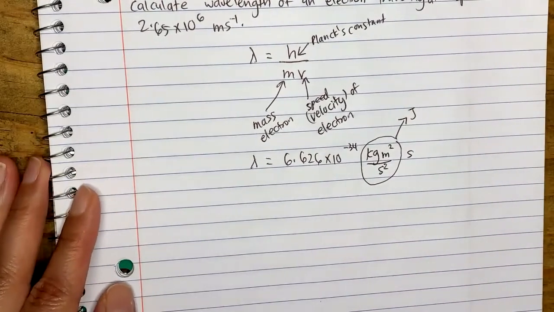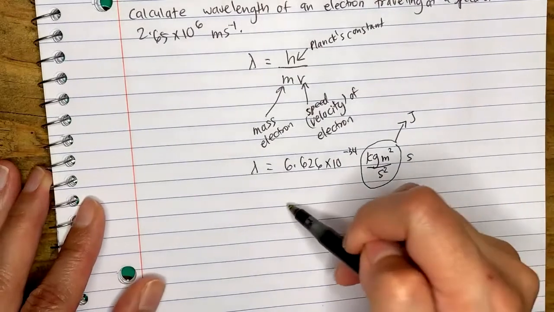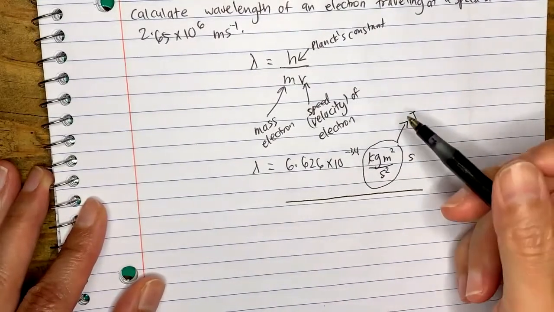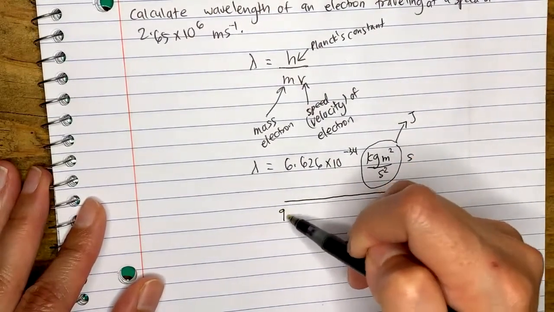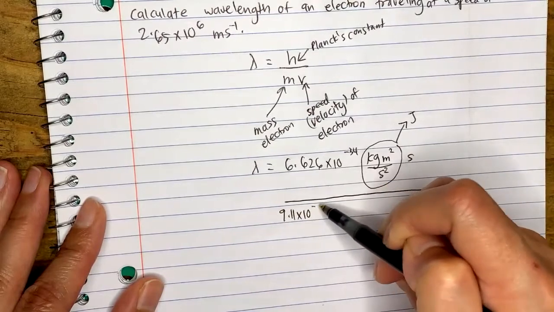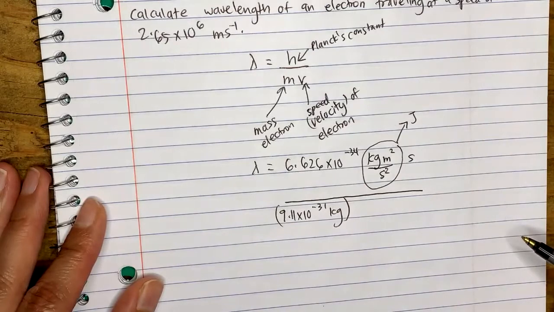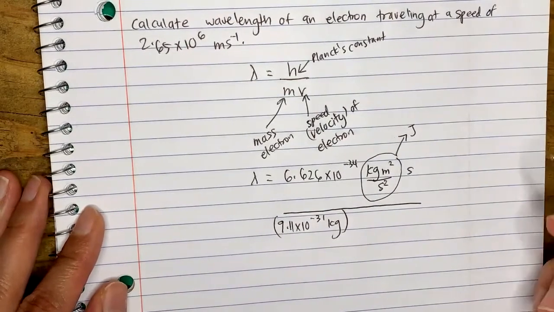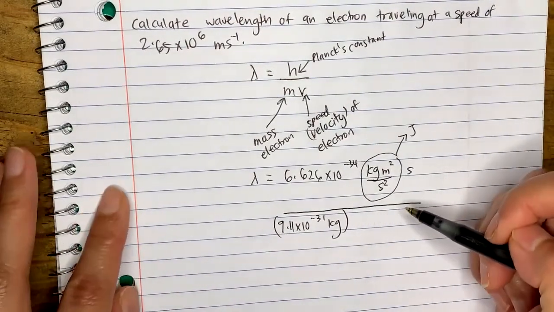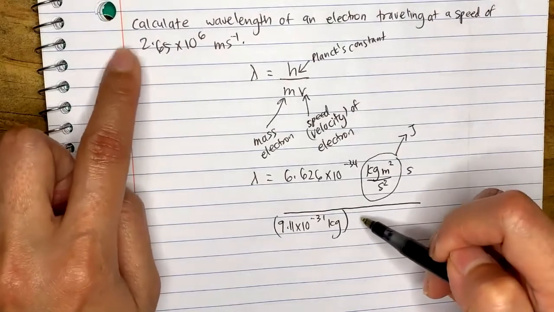Anyway, so we have that over m, the mass of the electron, 9.11 times 10 to the minus 31 kilograms. That's how heavy an electron is. Really, really light. Okay, and then the speed of the electron that was traveling, we put that in.